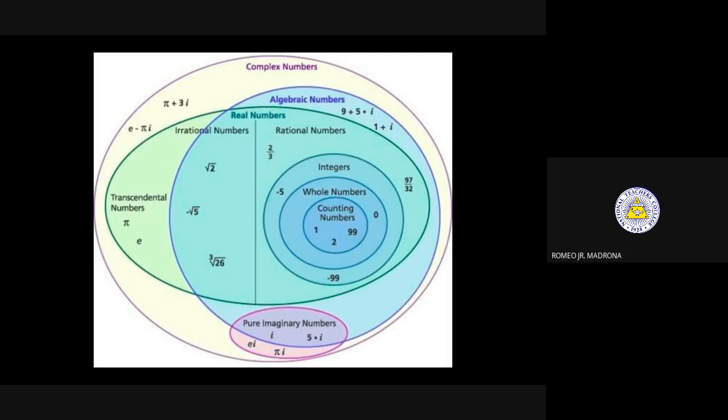Ayan, complex. Isa lang yung sumagot. Isa lang may alam, guys. Complex number. Siya yung pinakamalaki ang scope, ang coverage ng elements. Okay? Lahat ng number na sabihin mo under siya ni complex number.